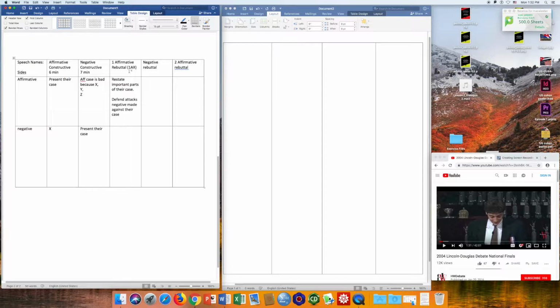And they should save time because it is only 4 minutes. So they probably use 2 minutes to keep their case strong, keep it alive, and then they use the rest of their 2 minutes to attack the neg case. Wrong because of X, Y, and Z.